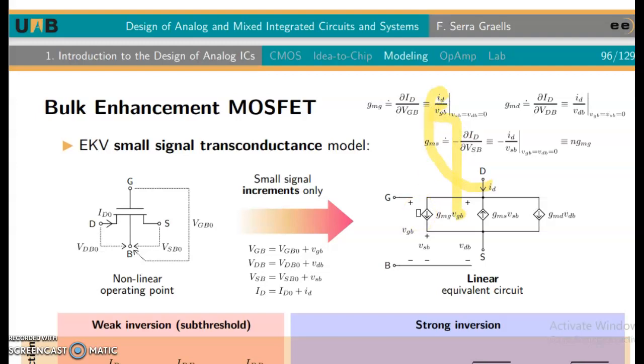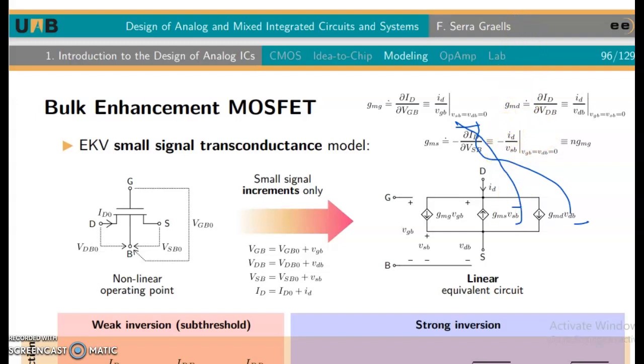Then VDB and VSB are all 0. This one VDB, VSB, 0 only.